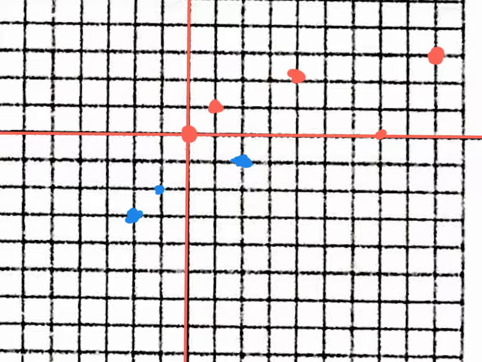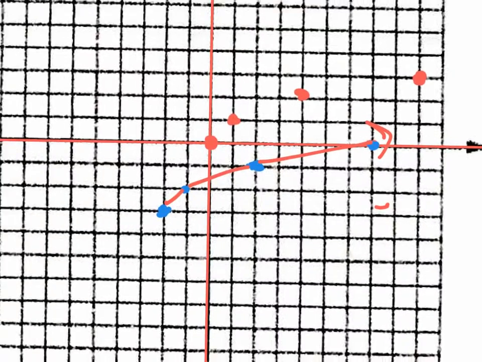Whoops, should have done that in blue. So where's our actual graph? It's here with an arrow right there.